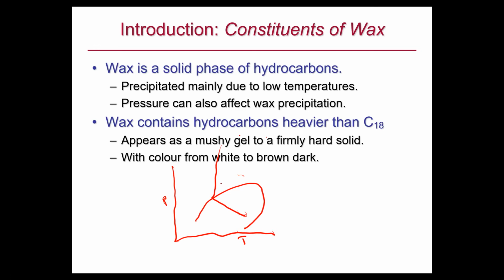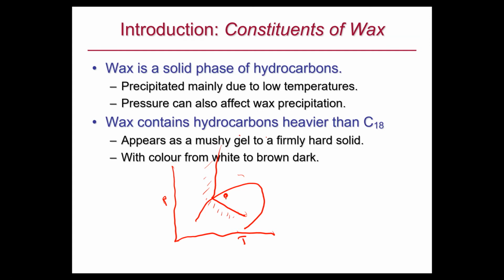Now, there was a very interesting case. So here is the wax risk. The operator was operating here, outside the wax phase boundary. But the reservoir pressure dropped, and as it dropped, the production rate was reduced.